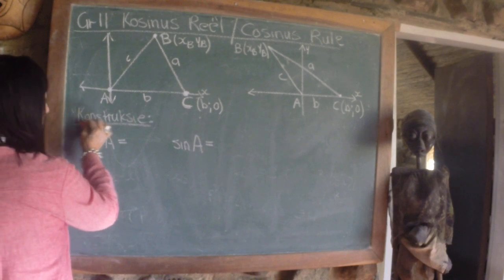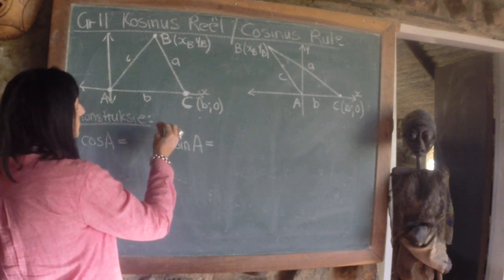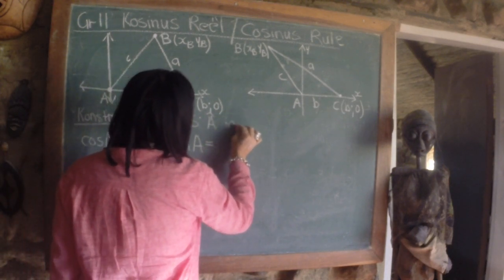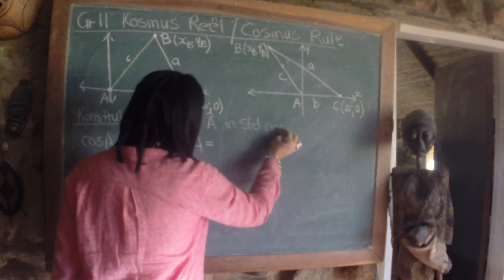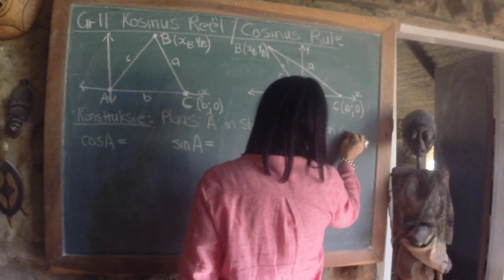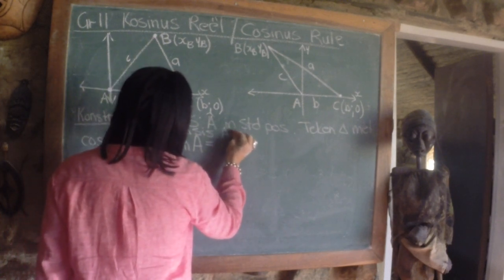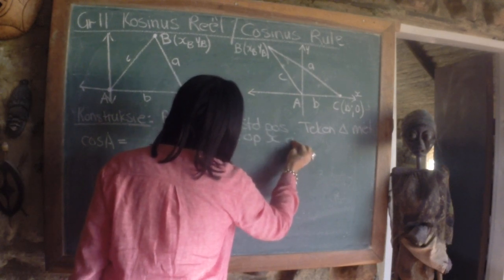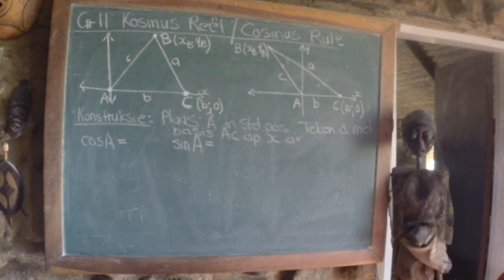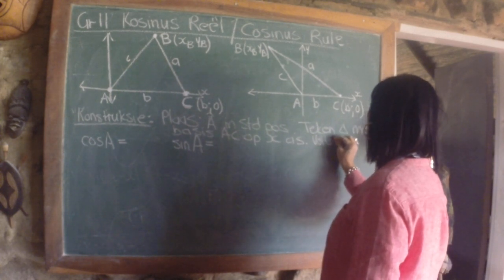First thing we need to do is to write down the construction. The construction with the cosine function is: place point A in the standard position, and then draw a triangle with base AC on the x-axis. And then you complete triangle ABC.